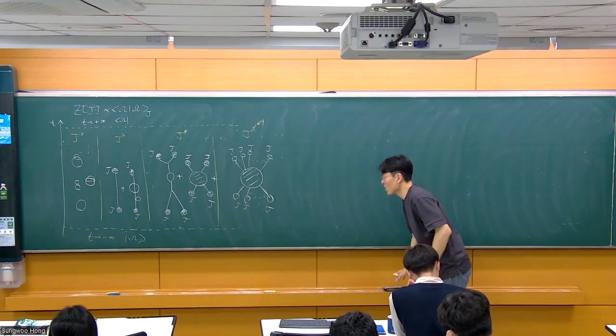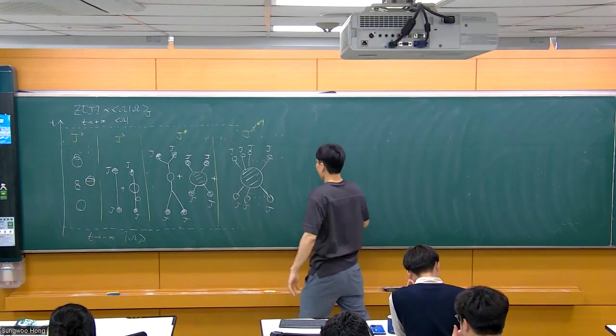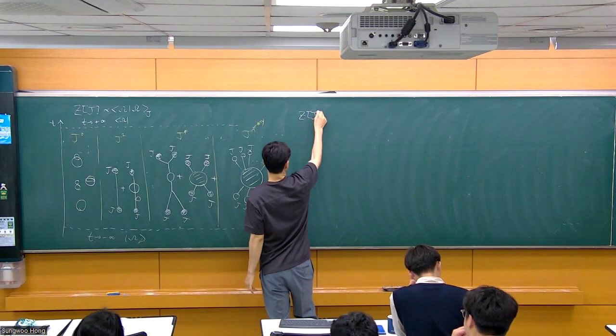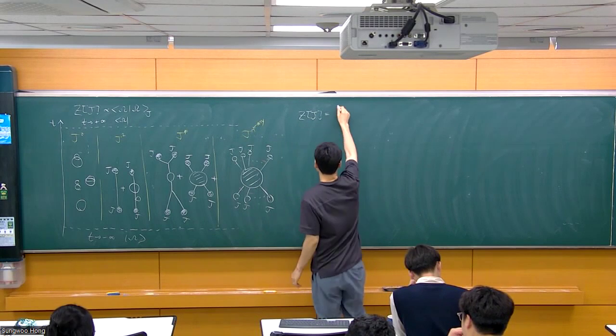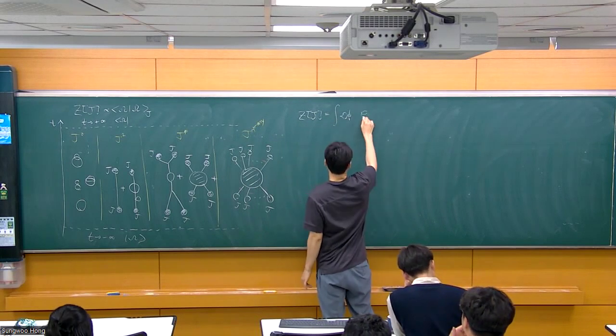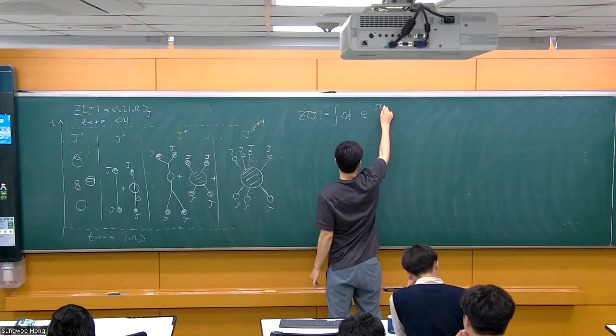Okay, good. So now let's make this statement sharper, formally. So J of 0, sorry, let me write. Integral, action.